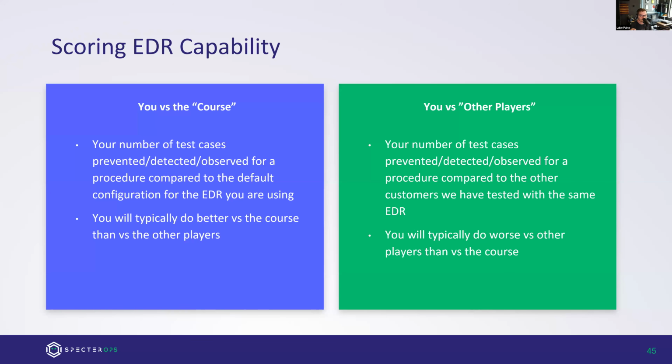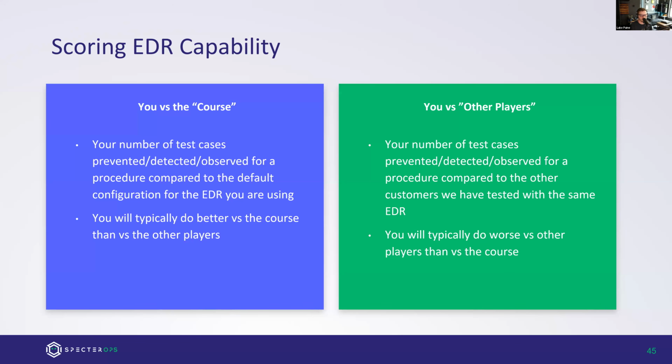So in terms of scoring your EDR capability, we could have you versus the course and you versus other players, and give you a snapshot of the number of test cases prevented, detected, and observed versus the default configuration of the EDR that you have installed with no changes, just a blank slate. You will typically score better on this versus the course than you would versus other players.